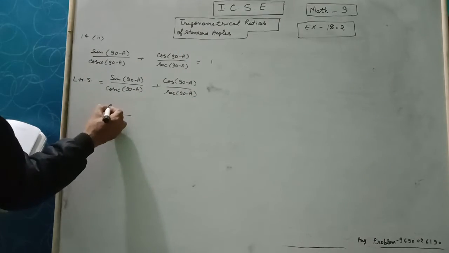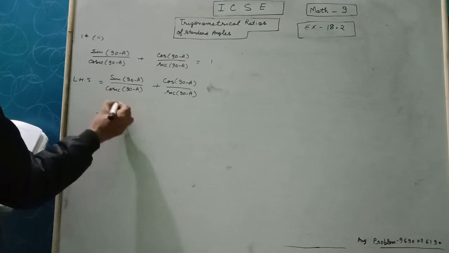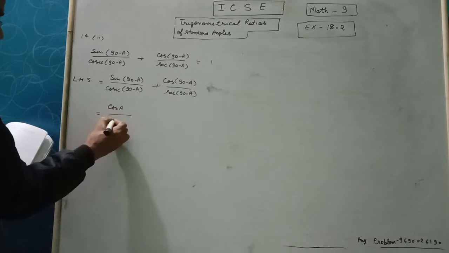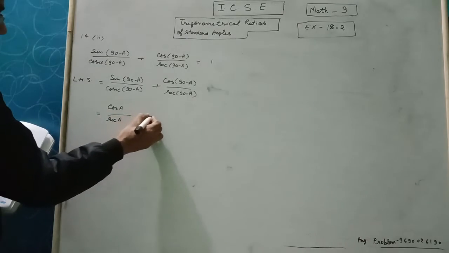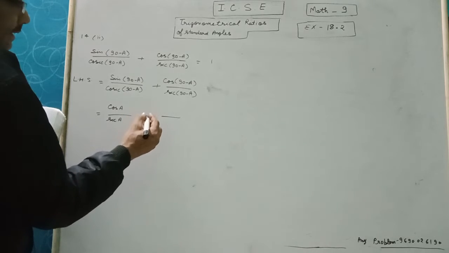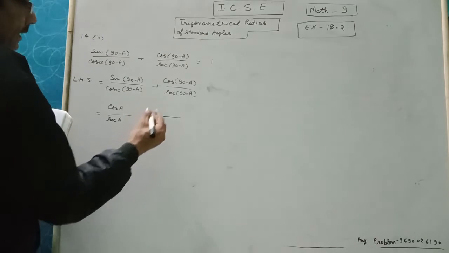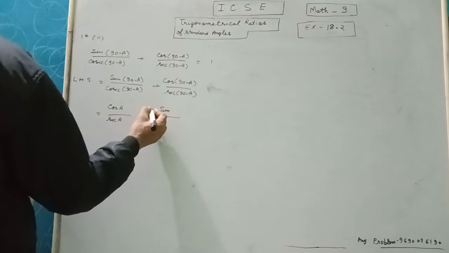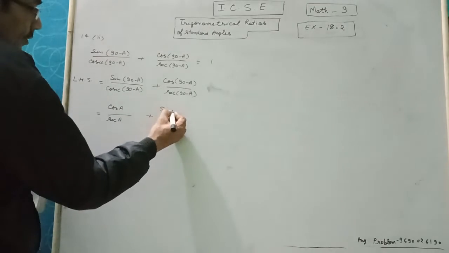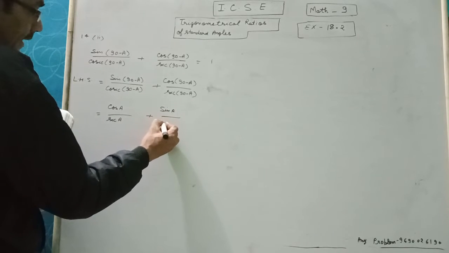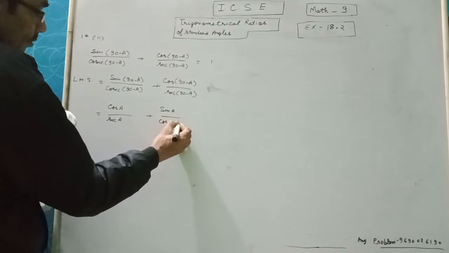Sin changes into cos a, cosec changes into sec, plus cos(90 minus a) changes into sin a, upon sec changes into cosec a.